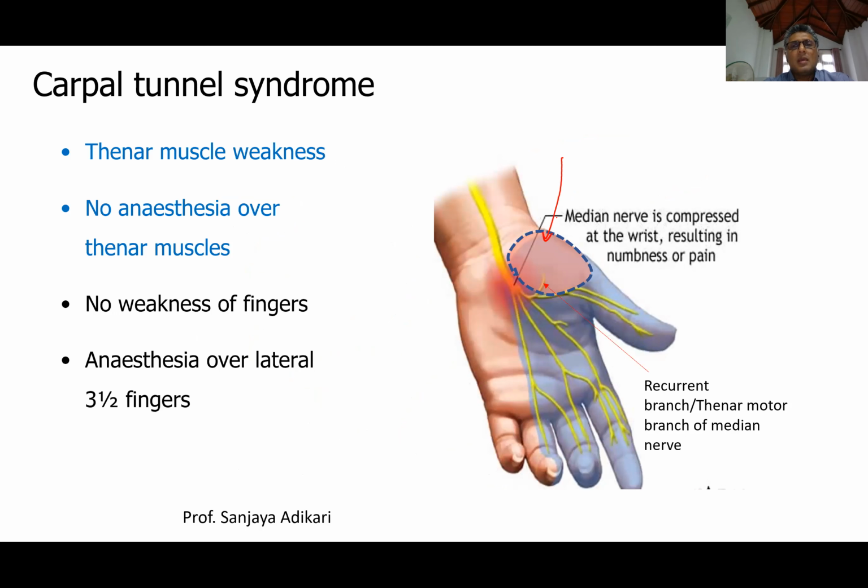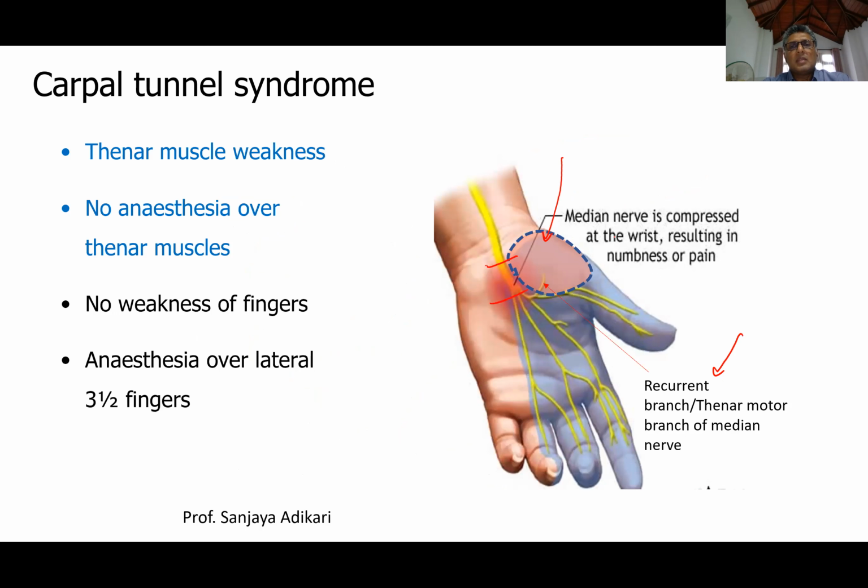On the other hand, muscles of the thenar eminence are supplied by the recurrent branch of the median nerve, which is also called thenar motor branch of the median nerve, which you can see here, which is given off distal to the flexor retinaculum.